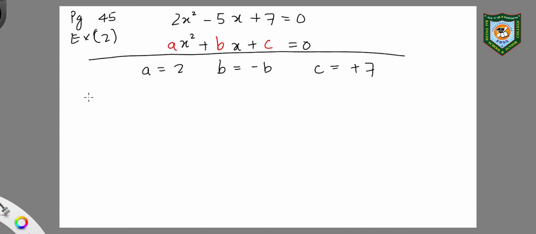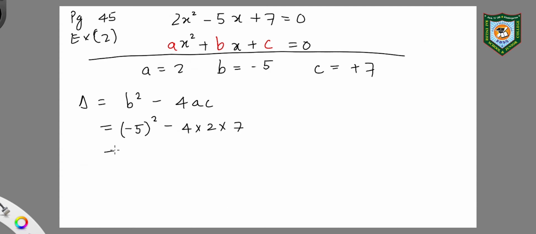So now delta is equals to b square minus 4ac. So b is minus 5, so minus 5 whole square minus 4 into 2 into 7. So this becomes 25 minus 4 into 2 is 8, 8 into 7.